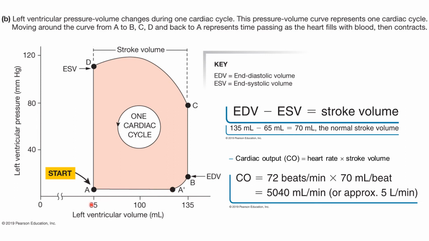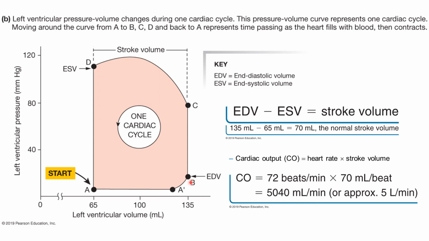Right here, you see that we are starting off at 65 and the volume is definitely increasing in the ventricle because it's receiving that blood from the atria. Then we can see that the pressure in the ventricle is also starting to rise slowly. And right here, as the atria start to contract, they are going to push more blood into the ventricle.